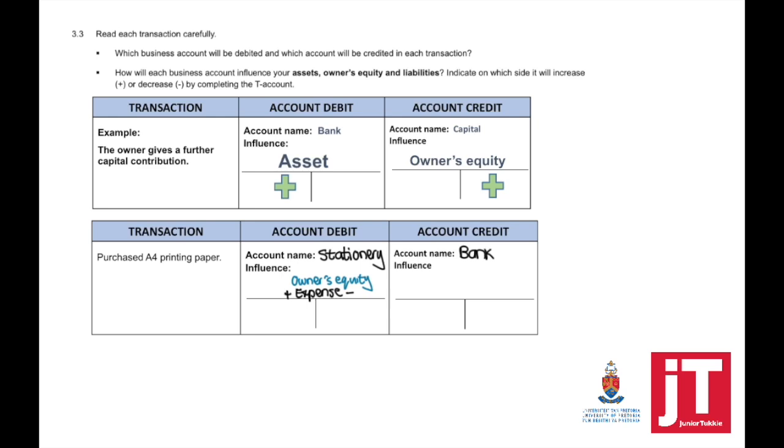Your expense will increase on the debit side, which means that it will negatively affect the owner's equity. The more your expenses, the more negatively it will influence your owner's equity. Bank is regarded as an asset, which means that your assets will decrease. And where does it decrease? On the credit side.